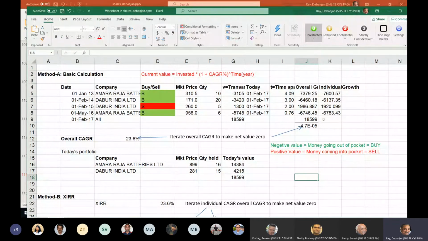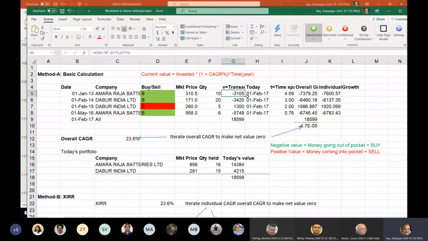So, what is the CAGR? Let us assume that you have done this transaction. This is Amara Raja Batteries. You have purchased on 1st of January 2013. You have done a buy at a market price of 310.5. You have bought 10 quantities, and this is the value, that means market price into the quantity.